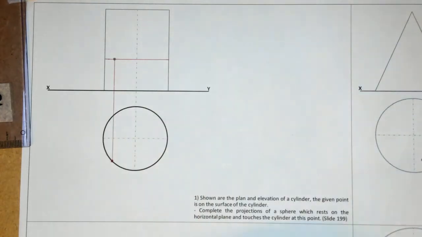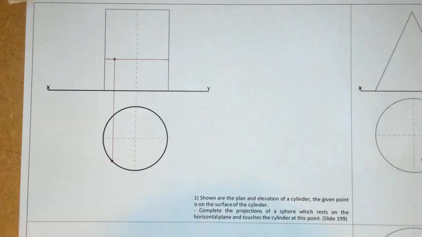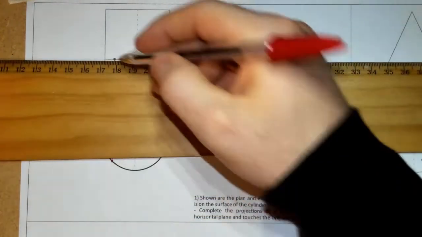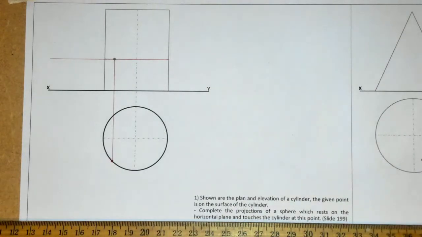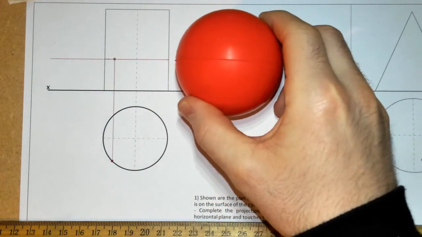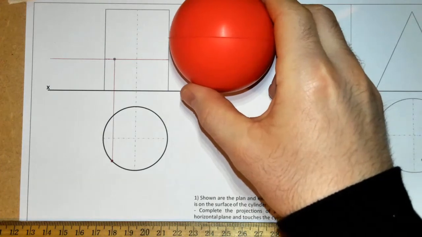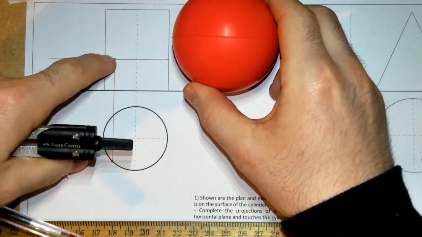So next step is getting that ghost cylinder, and it's all about finding the center of it. I'm just going to extend out this line here, and using my compass I am going to take the radius. As I said previously, remember, it is the distance from the center down to the XY line.